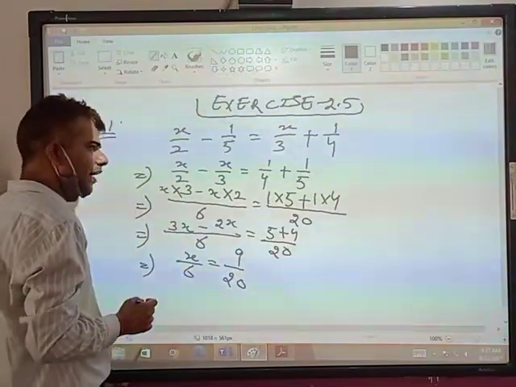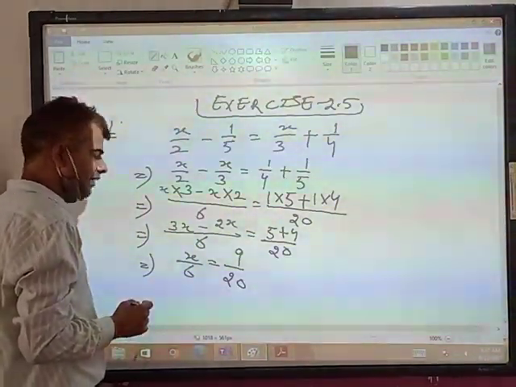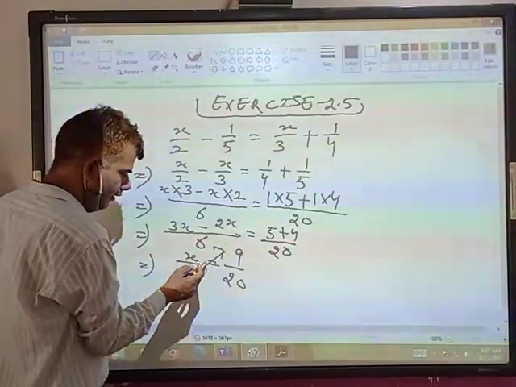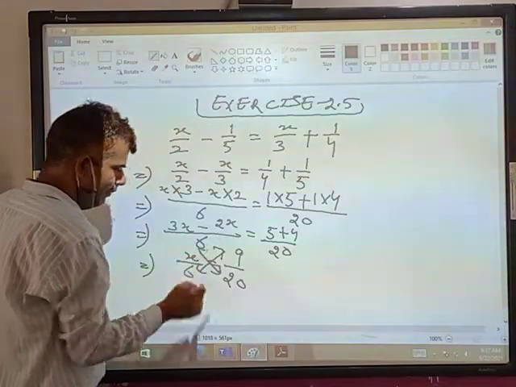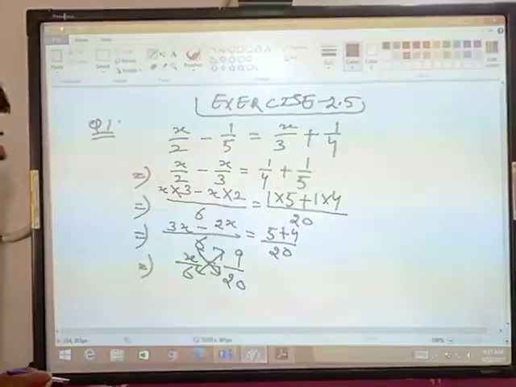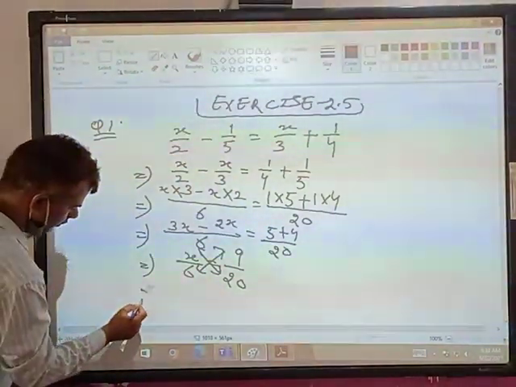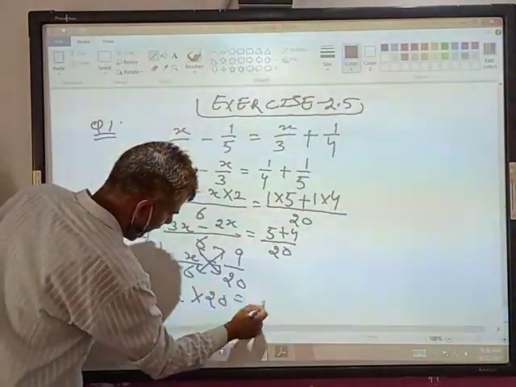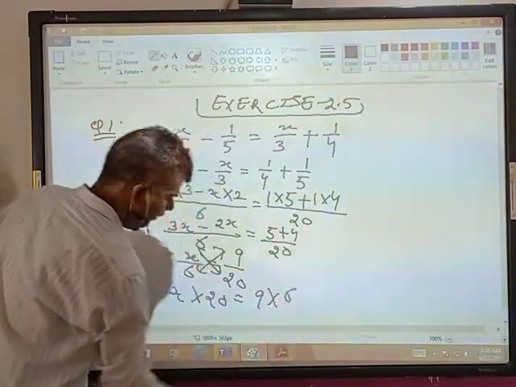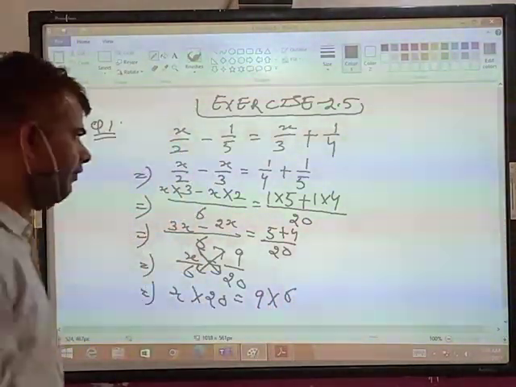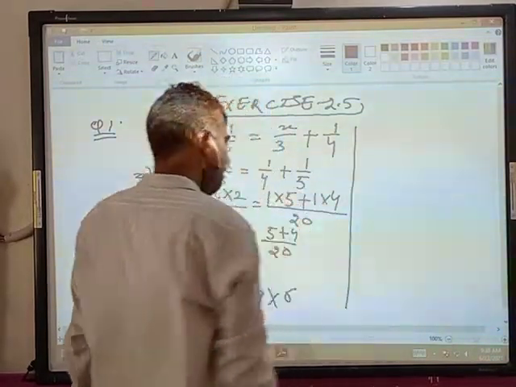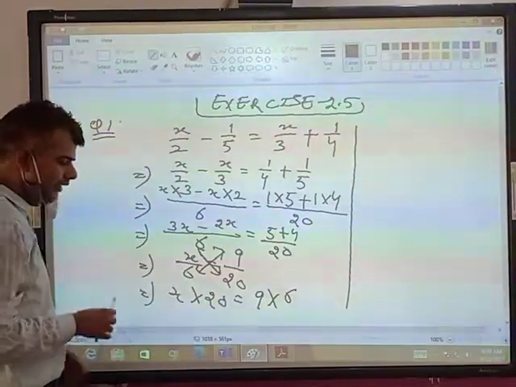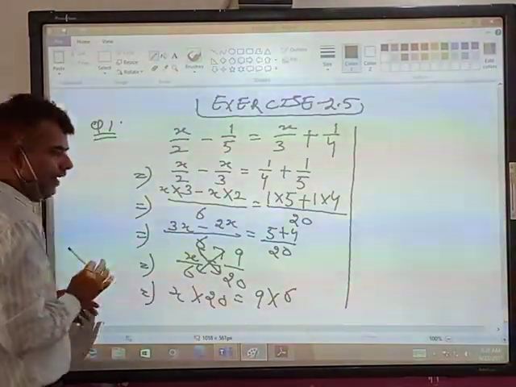Now students, we have to find out the value of x. To find the value of x, we will cross multiply. Now x into 20, 9 into 6. Students, we have to find the value of x, and you are observing in this question that 20 is multiplied to x.